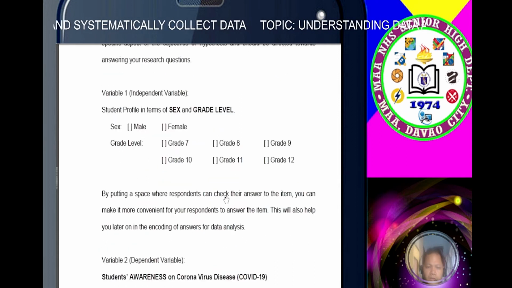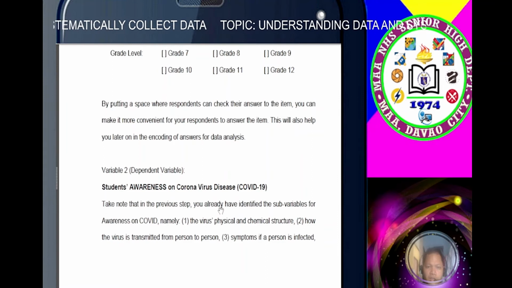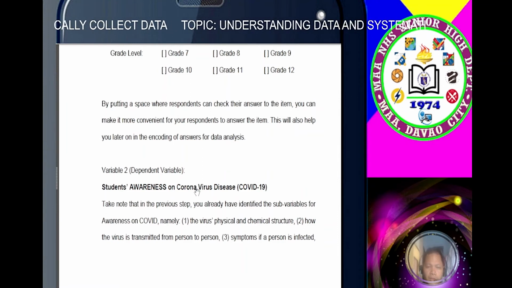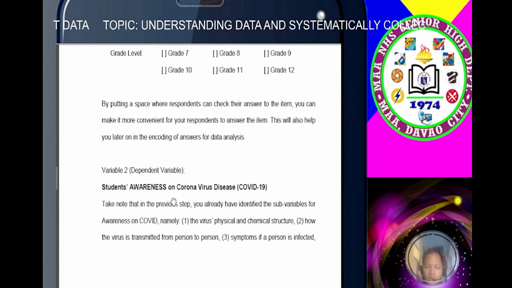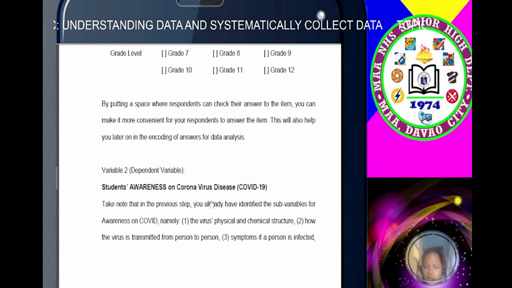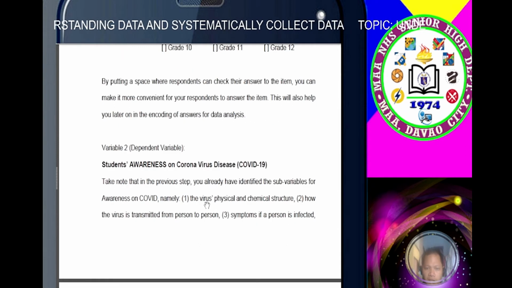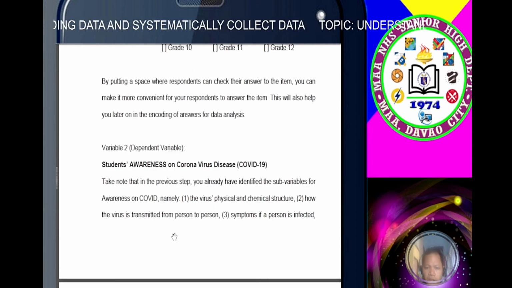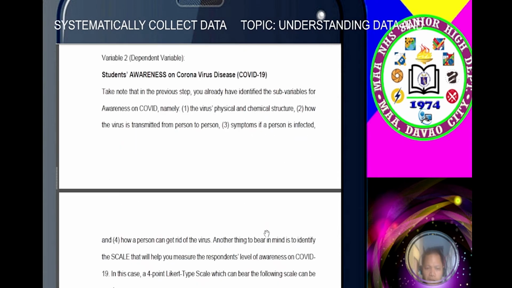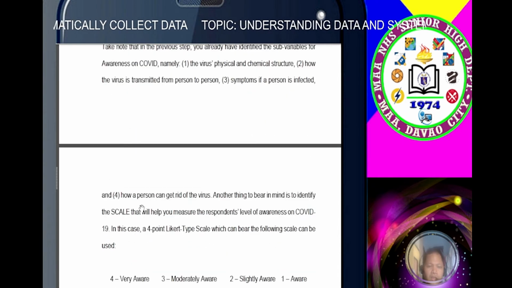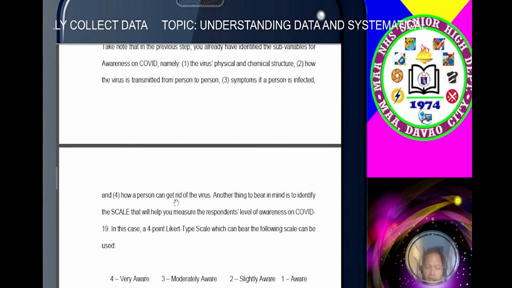Next, under the dependent variable, student awareness, you will use the four indicators we have discussed earlier. These are the virus physical structure, how the virus is transmitted, then the symptoms, then the fourth is how we can get rid of the virus.